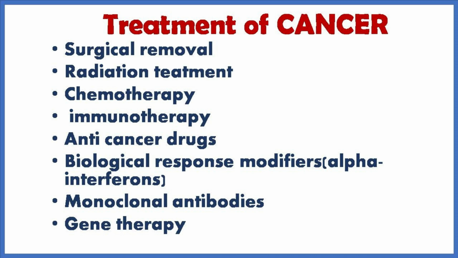Then some anti-cancer drugs or some immunotherapeutic drugs are also used for the treatment of cancer. Then some biological response modifiers like alpha interferons, monoclonal antibodies, and gene therapy. And this is one of the treatment methods of cancer that is used for the diagnosis and prevention of cancer.